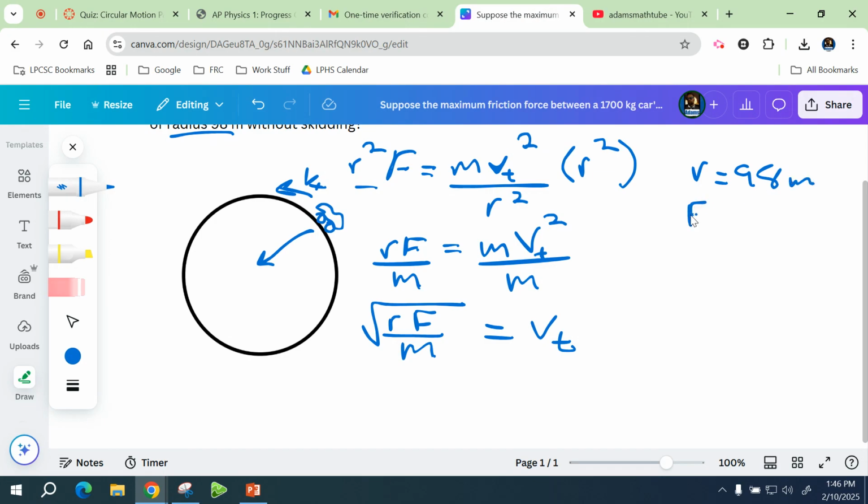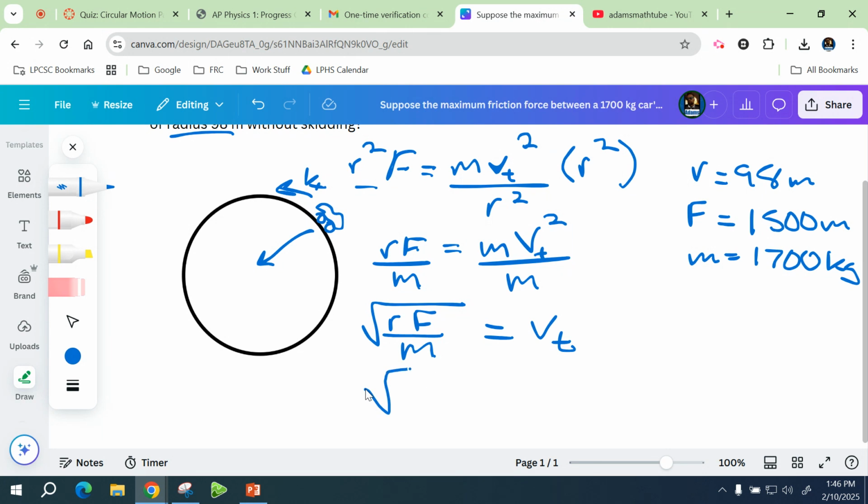Our centripetal force was 1,500 newtons. And then, what's the other thing I need? The mass of the car, right? Which was what, 1,700 kilograms? So I have everything I need.